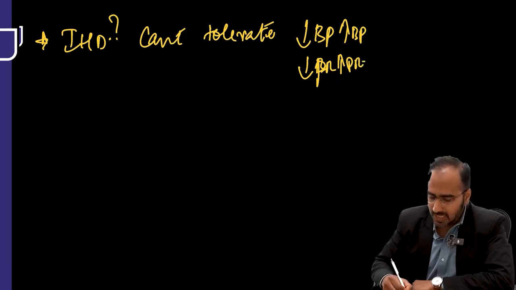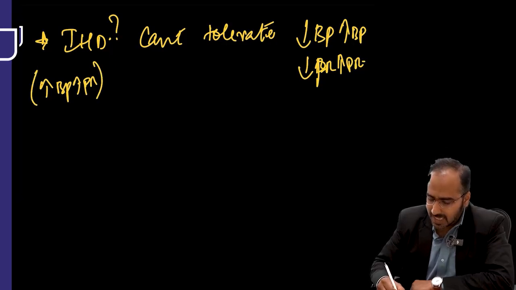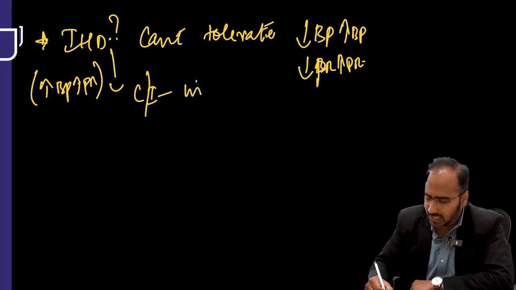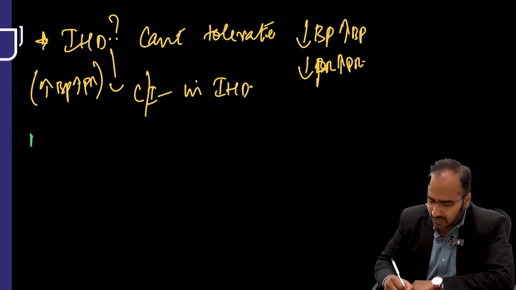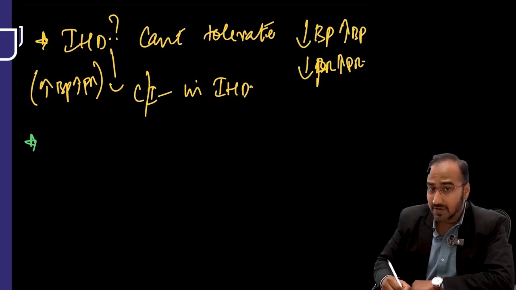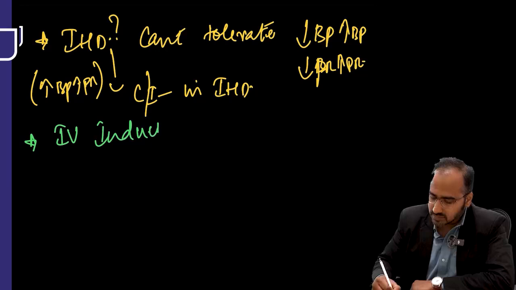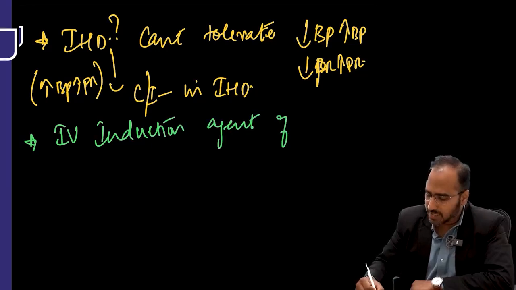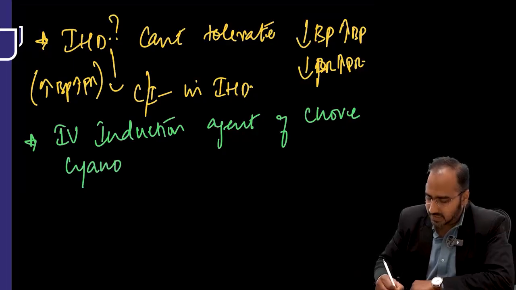What is ketamine doing? Ketamine is increasing the BP and pulse rate, thereby increasing the myocardial oxygen demand. Hence, ketamine, even though a good friend, is contraindicated in ischemic heart disease. But ketamine is safely given, or ketamine is the IV induction agent of choice for cyanotic heart disease.